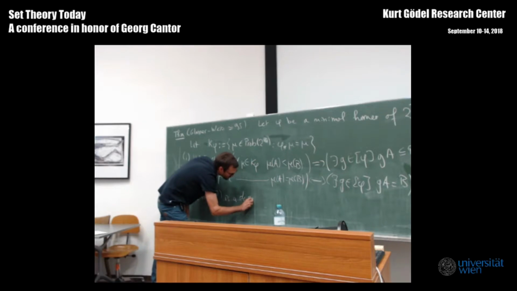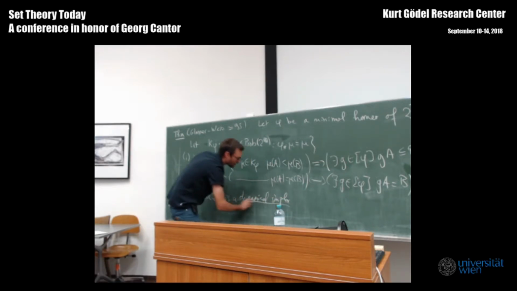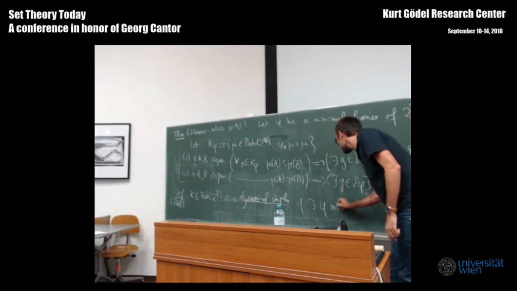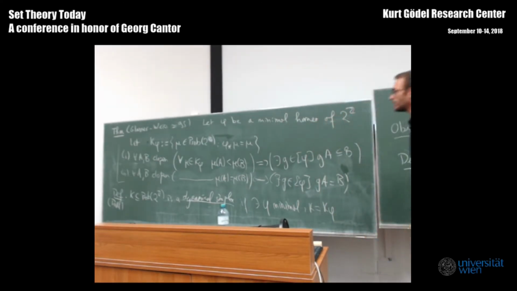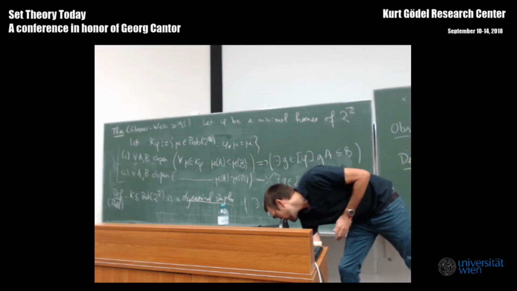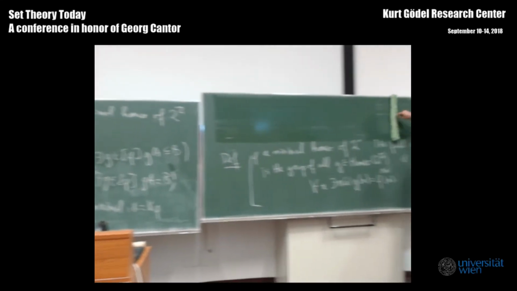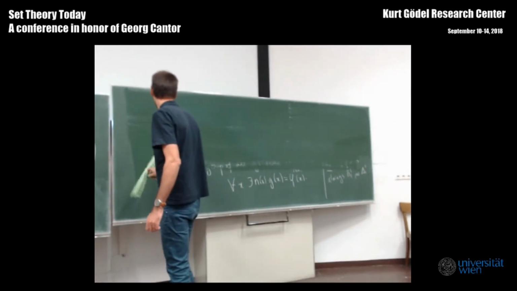A set K of probability measures is a dynamical simplex if there exists phi minimal such that K is equal to K_phi, meaning there is some minimal homeomorphism which preserves exactly the elements of K. And the question at the time was, how do you characterize dynamical simplices?